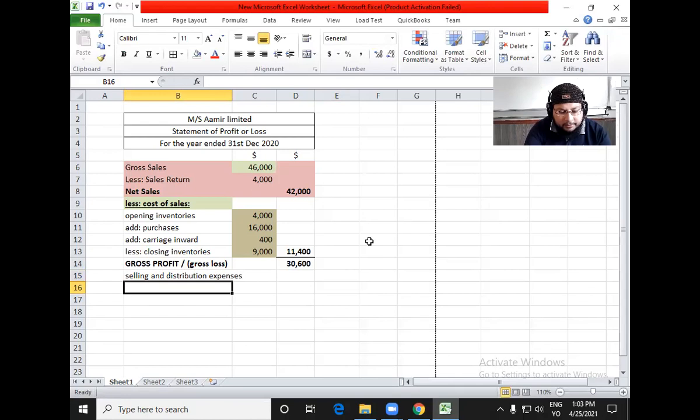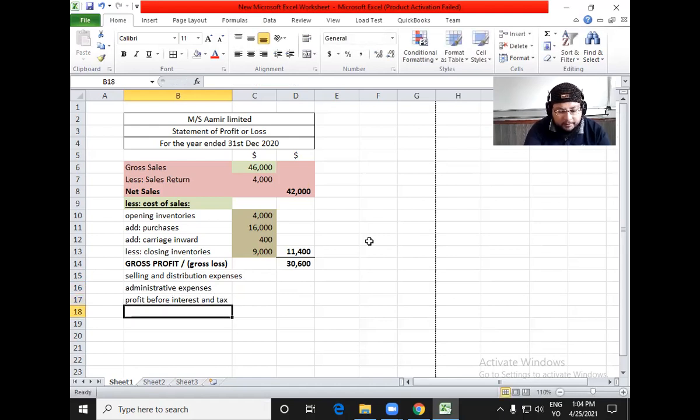Then we subtract the administrative expenses. Before the calculation of finance cost, we arrive at profit before interest and tax.